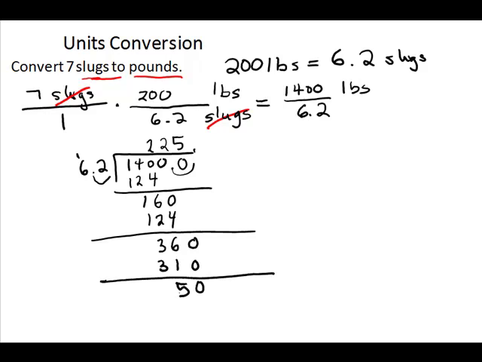Subtract, and we'll add a 0 and bring down. 62 into 500 will give us 8. And we'll see one more digit, then we could round to the nearest tenth.